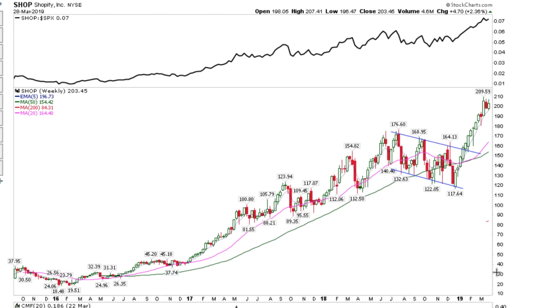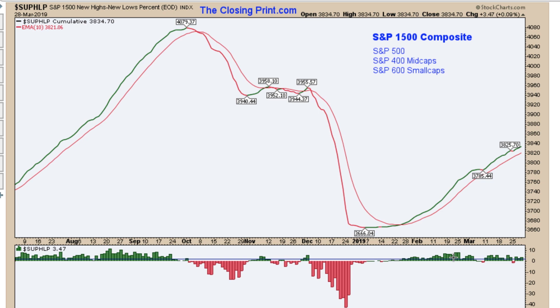As a position trader, our method of trading involves indicators to give you an idea whether our bias is long or short. In this particular case, you're looking at the S&P 1500 composite, the big cap 500, mid cap 400, and small cap 600.